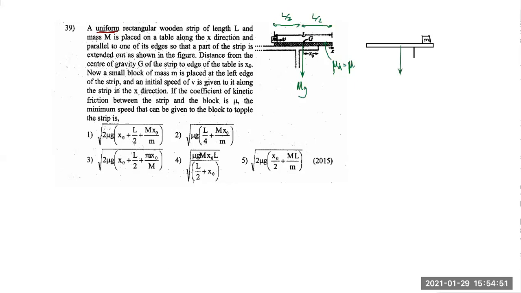The weight will be acting, mg, and this small distance is x naught, just like they have indicated in the diagram. So here I say strip at the verge of toppling.